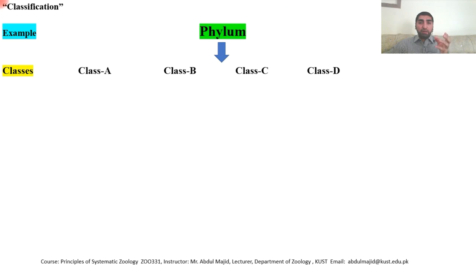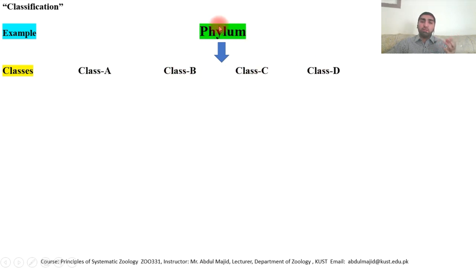You divide the phylum into classes, like class A, class B, class C, class D. The organisms inside class A have similar characteristics, and so on.